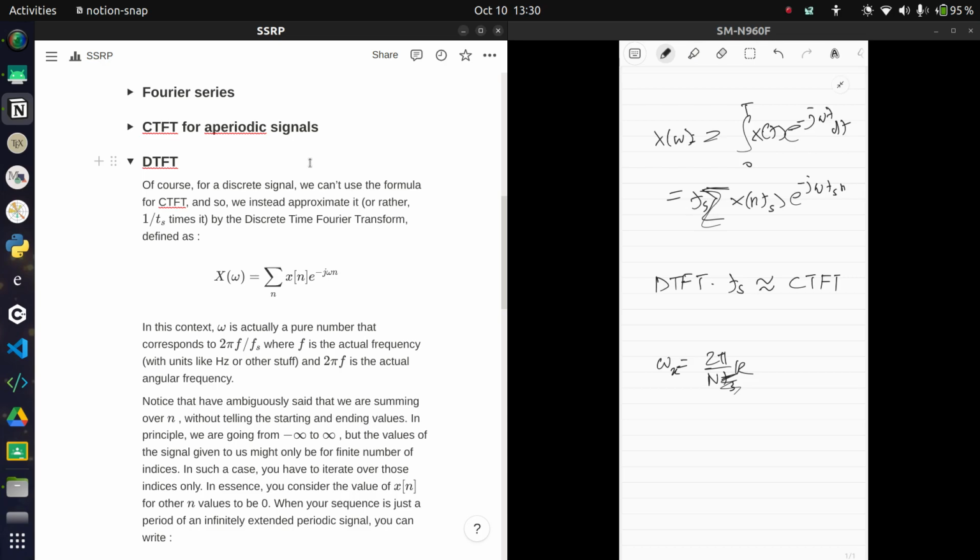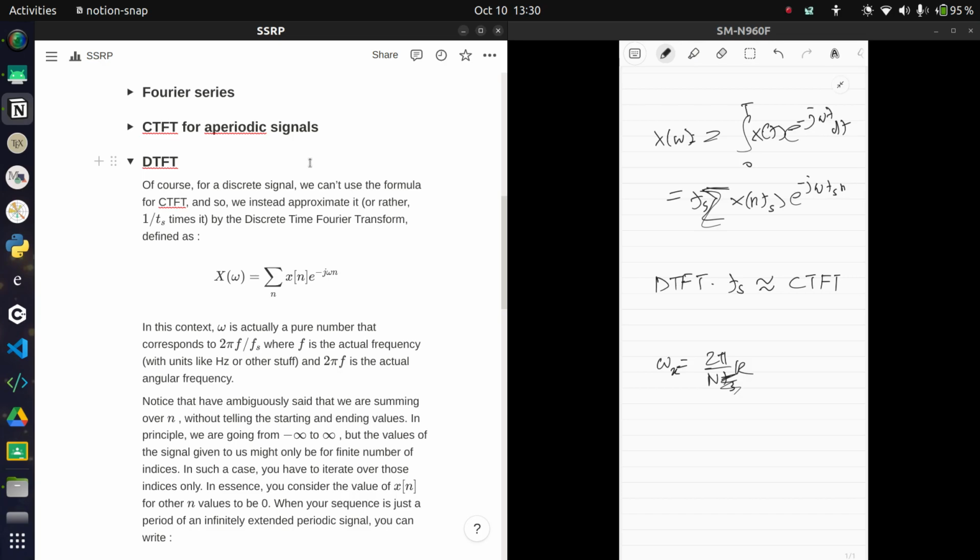So now it's a pure number, which means you can do e power whatever stuff involving omega without involving anything like Ts or Fs. So regardless of your sampling frequency, you can take the DTFT at the certain points that you need for the Fourier series, not caring what your sampling time was.